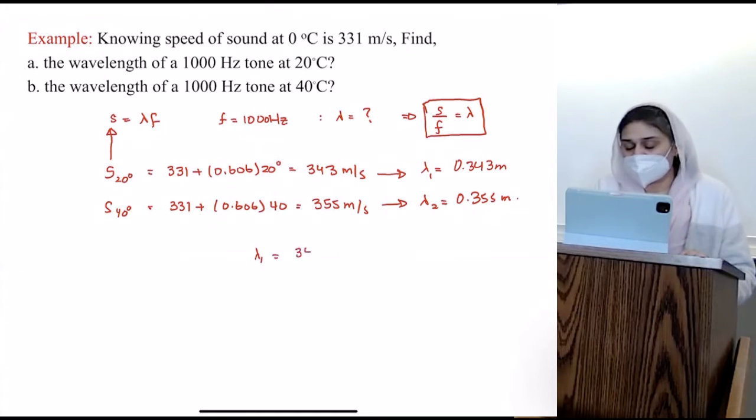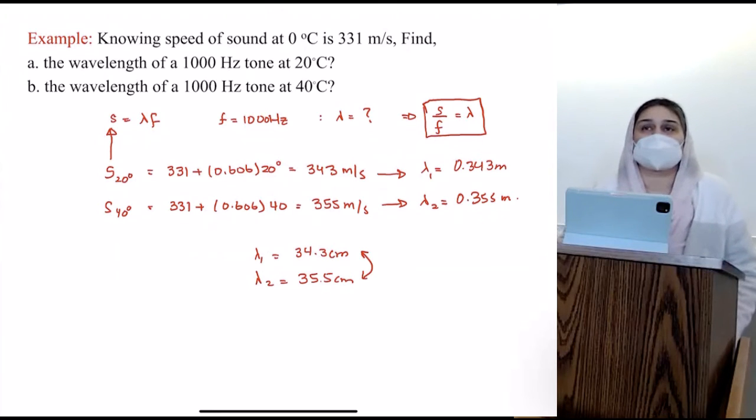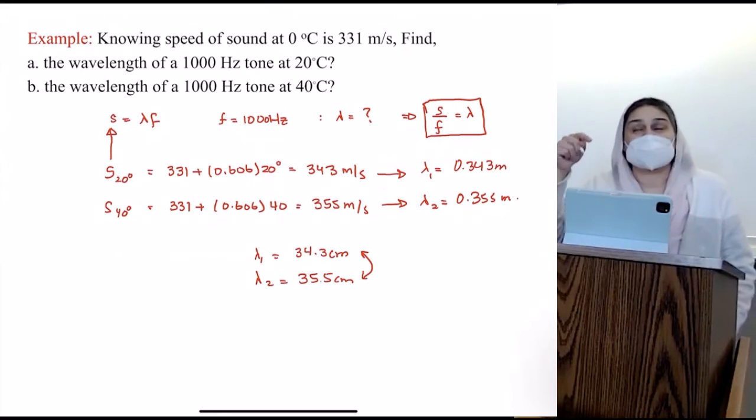Lambda 1 is about 34.3 centimeters and lambda 2 is about 35.5 centimeters. That is a huge difference in terms of where the nodes and antinodes would exist. And this is the reason why you have to tune your instruments every time the temperature changes.